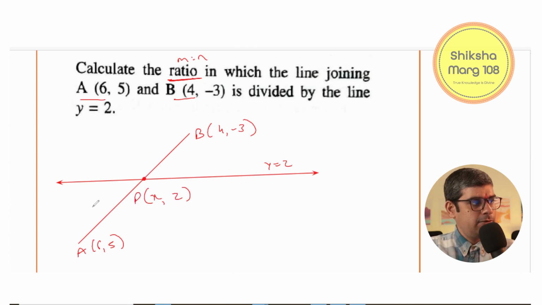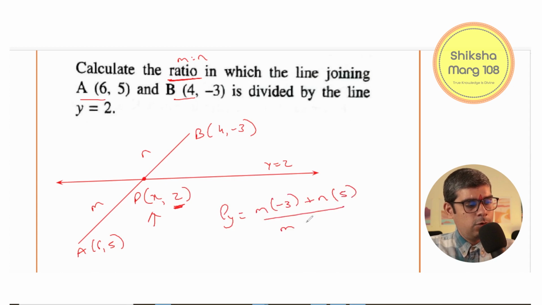They're asking us to find the ratio m is to n, and obviously asking us the coordinates of the intersection point as well. So we know 2. So we always go from the known to the unknown. Let's do that. Py equals m times minus 3, the y coordinate, plus n times 5, the y coordinate, over m plus n.